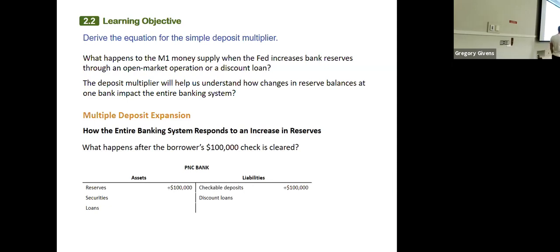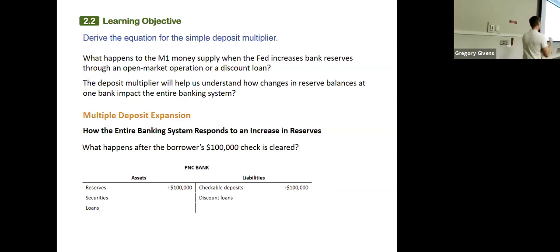PNC now has a $100,000 liability in the form of a new checking account deposit. And that money, remember, the Fed credits the reserve account of PNC and debits the reserve account of Bank of America. So there has been a $100,000 increase in assets and liability on PNC's balance sheet.